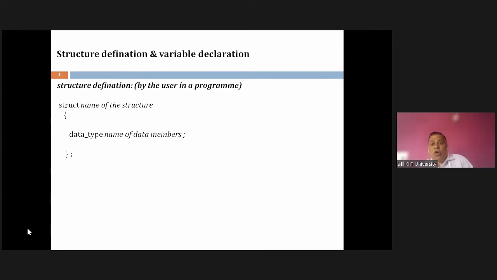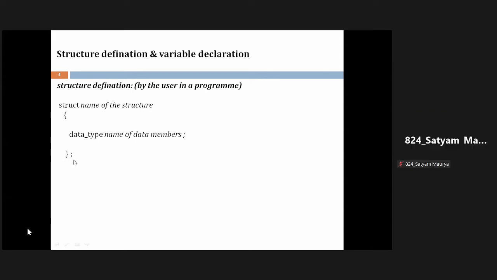But here, all these data members may be of different types and are defined in the body of the structure definition. The body is the brackets. Inside the body of the structure definition, we will define all data members of the structure. I'll give examples. And then the bracket is closed and we follow with a semicolon.